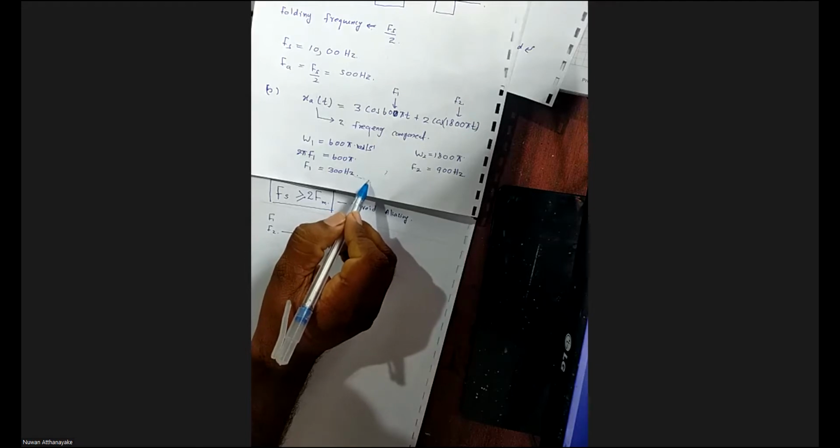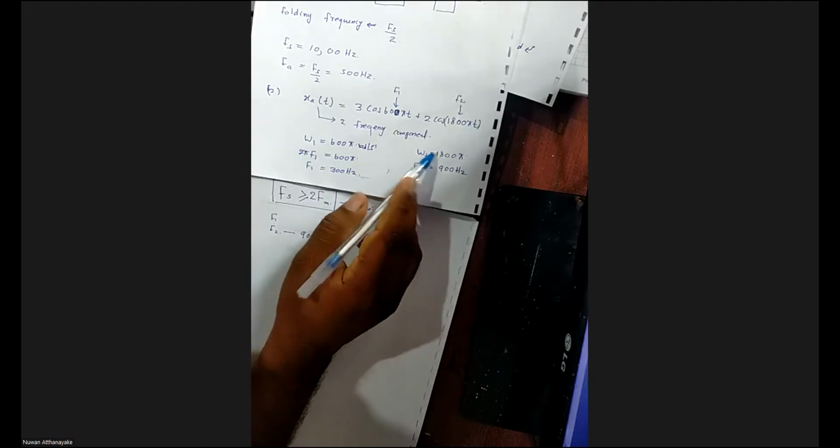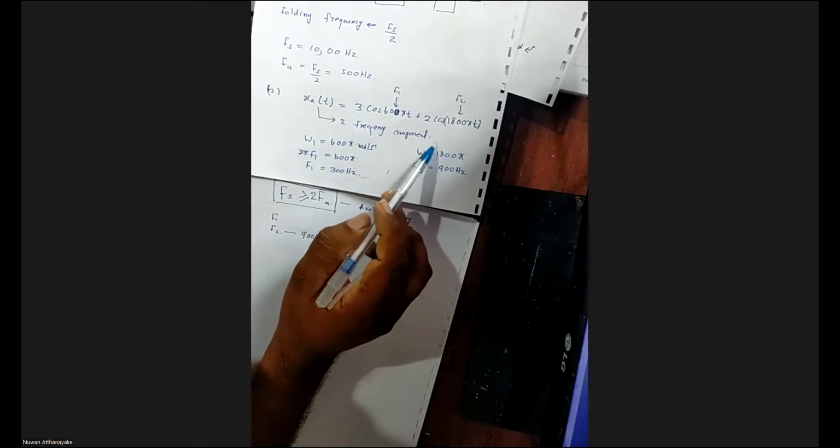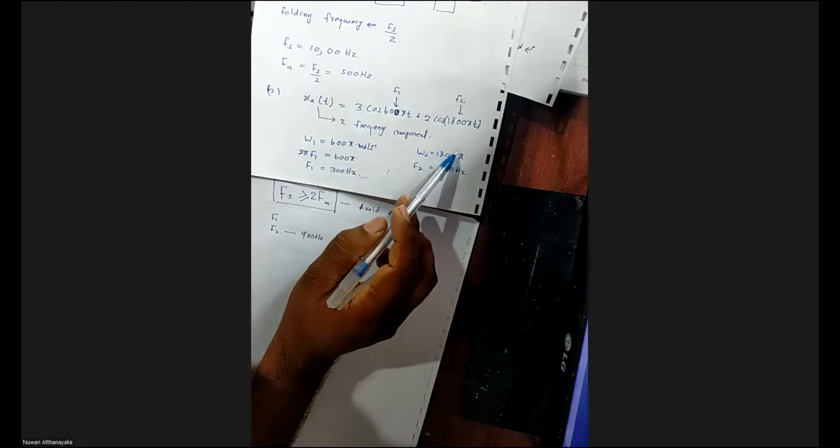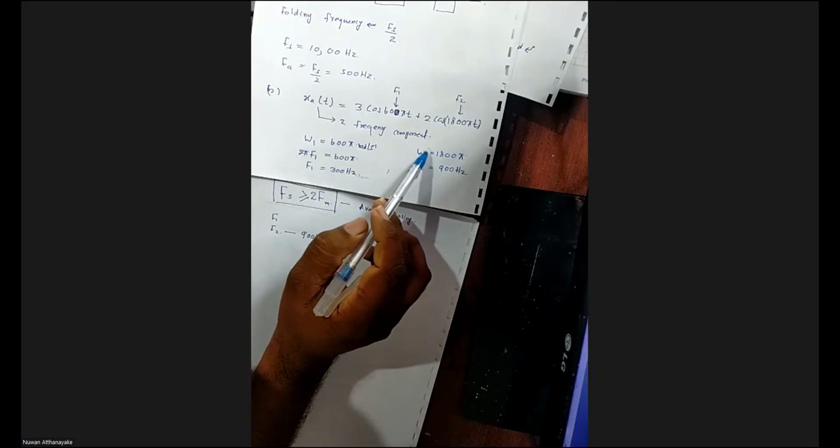Otherwise, if you select the lowest one and take twice of that as the sampling frequency, that is not enough to sample the higher frequency component. You will get the aliasing effect.